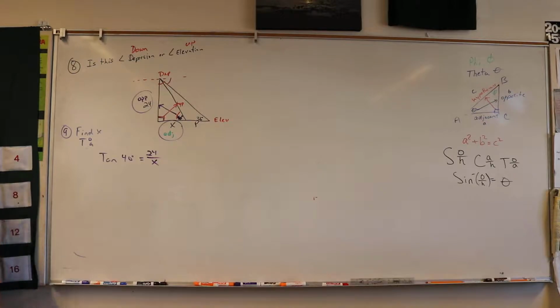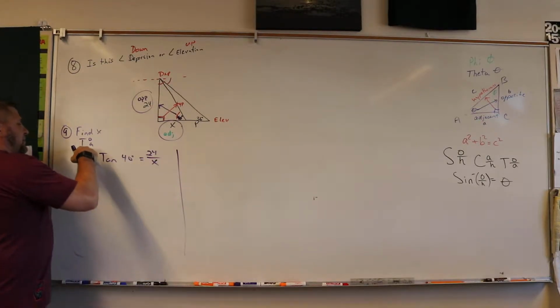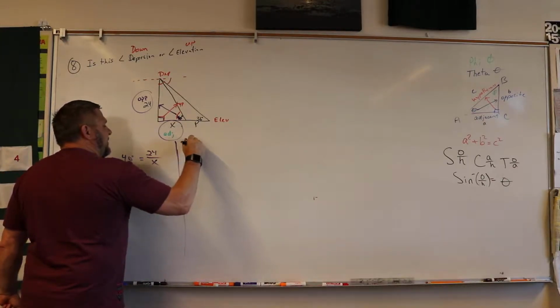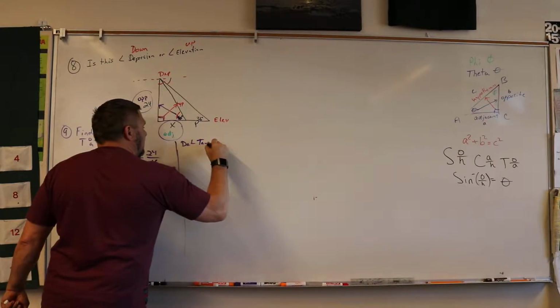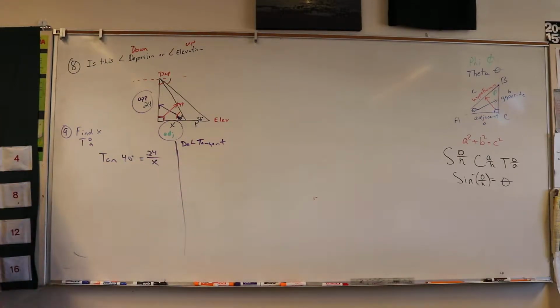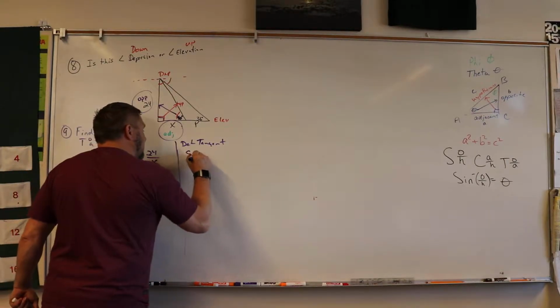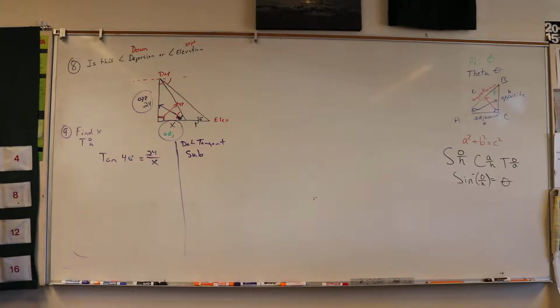Boom. So we did 2 things there. Because we have TOA, that's the definition of tangent, and then we plugged it in. That's called substitution. So we did 2 steps there.